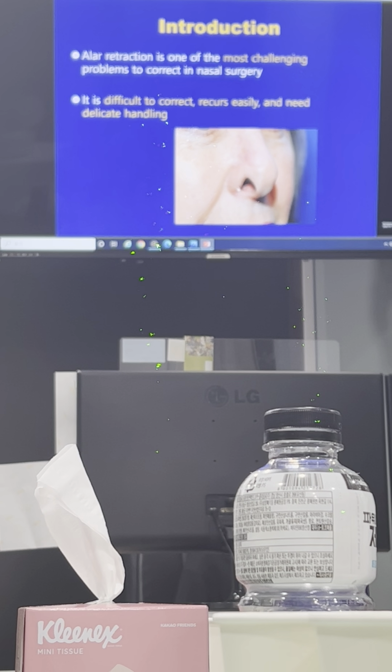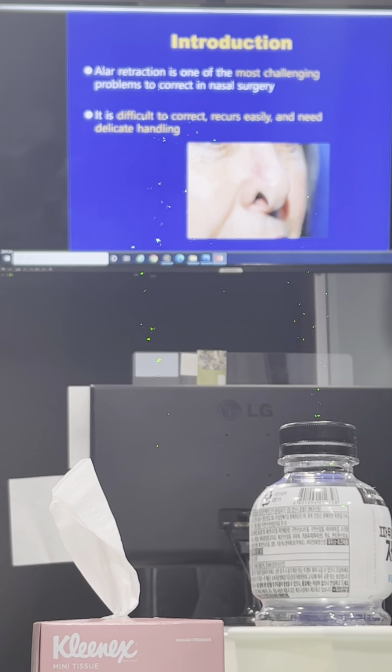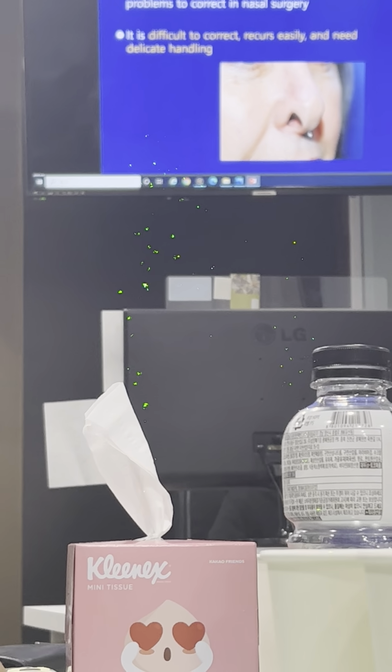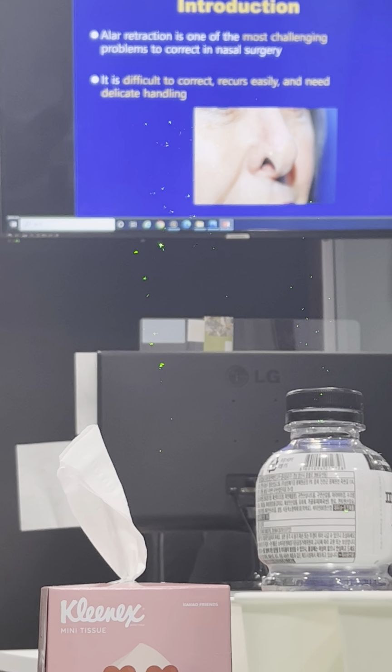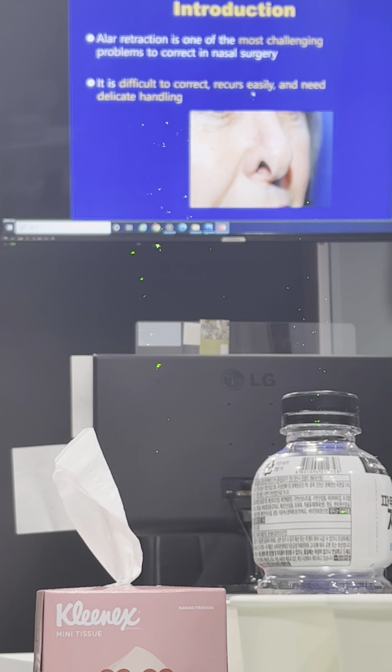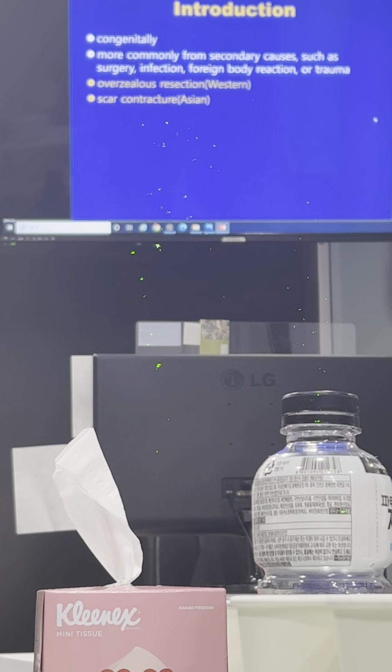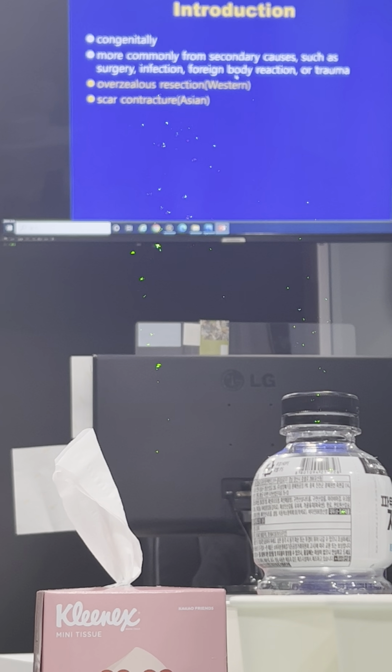So alar retraction is the most difficult problem in ala surgery. It is difficult to correct, recurs easily, and needs delicate handling. It is possible to be congenital, but it more commonly comes from secondary causes: surgery, infection, foreign body reaction, trauma.